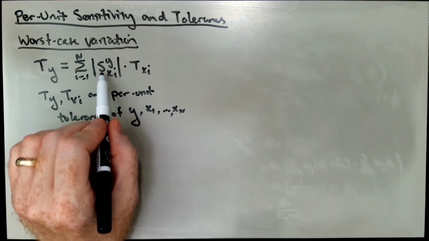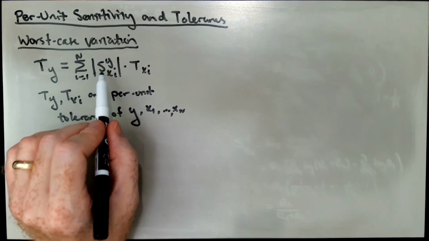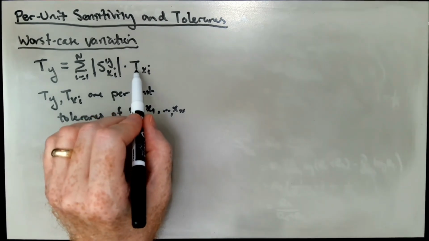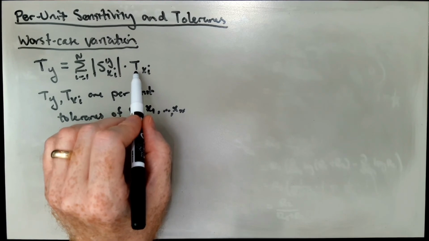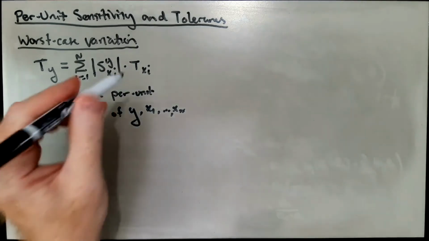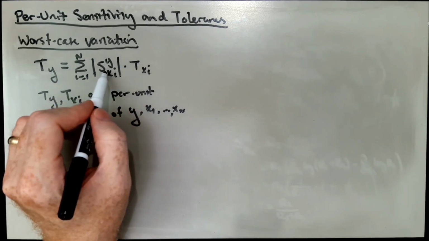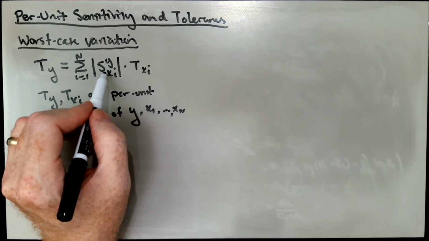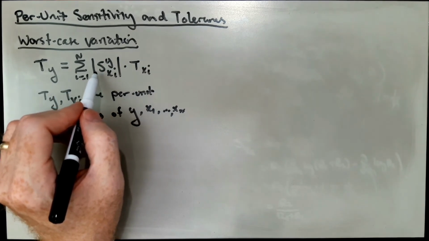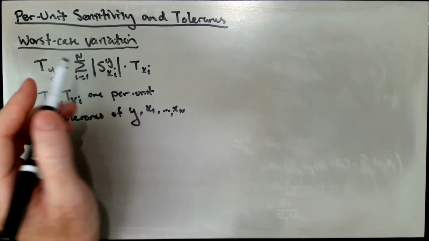I need to be pessimistic because the worst case variation that I can expect from my component values will conspire with the sensitivity signs in the worst case, and so I take the absolute values here to account for that.